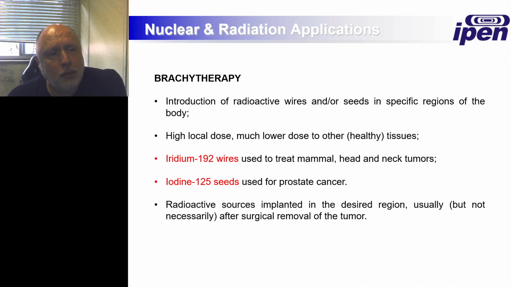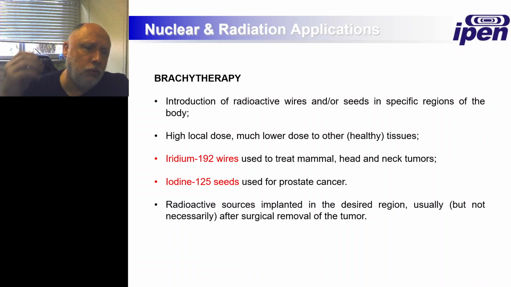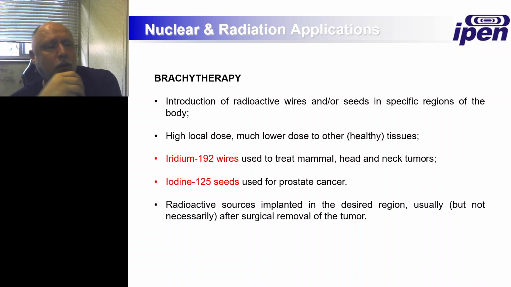Brachytherapy, on the other hand, is interesting because you introduce some wires or seeds, you put them in contact with the tumor, so then you can have a very high local dose and hopefully a much lower dose to healthy tissue.